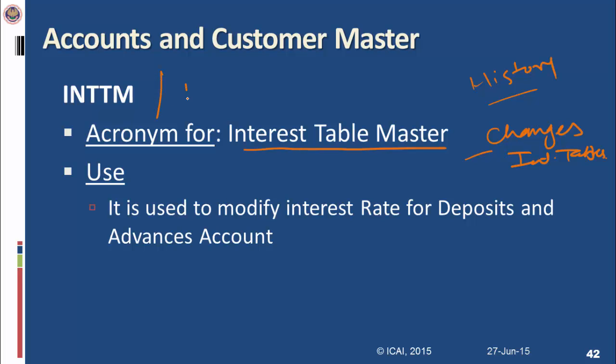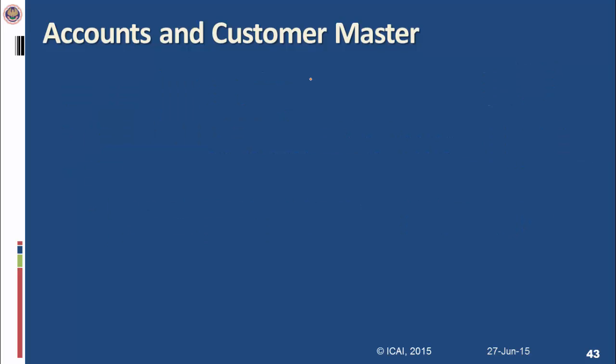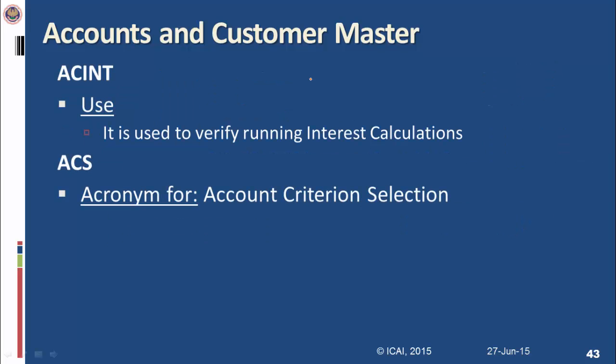Now another option available is INTTI, right? Okay, so now we are on to ACINT. The ACINT command is used to verify the running interest calculation. However, I would prefer that a user use the AINTRPT command, because ACINT is generally used on a live system, where it gives you a demo interest run, that is, a dummy interest run.